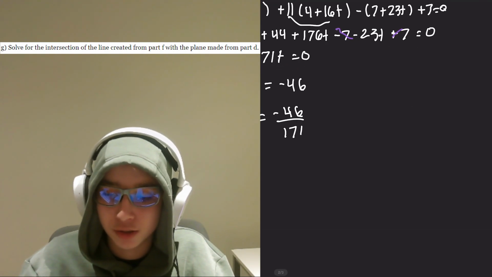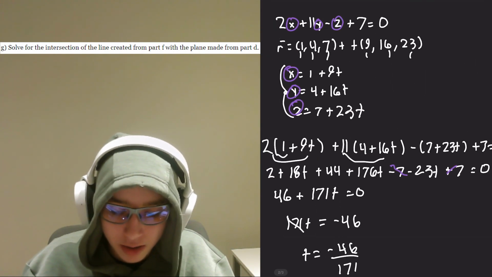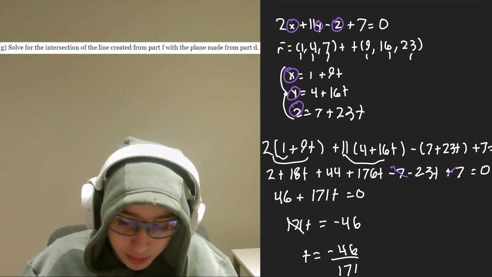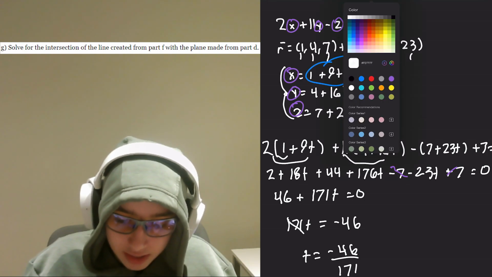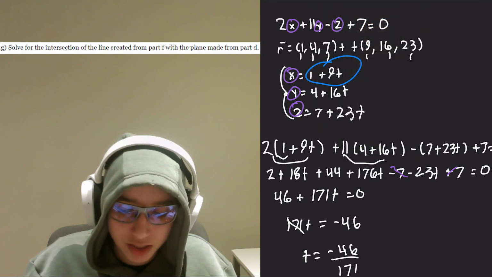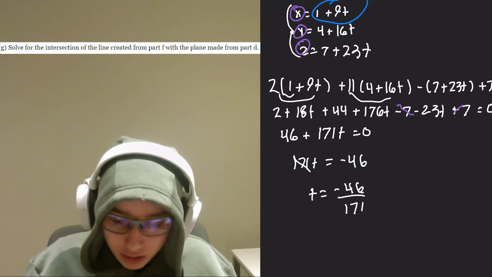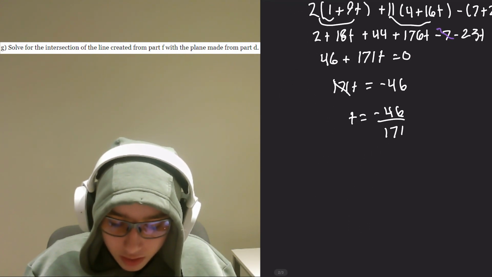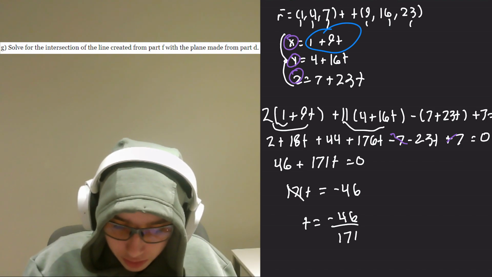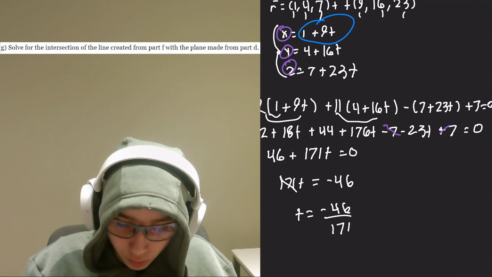So now we've isolated for t, and I know it looks like a crazy value, but the only thing we really have to do now is plug this t value back into our parametric equation right here. And this will give us the point of intersection between this line and the plane. So let's start doing that right now. Recall our t value is negative 46 over 171.